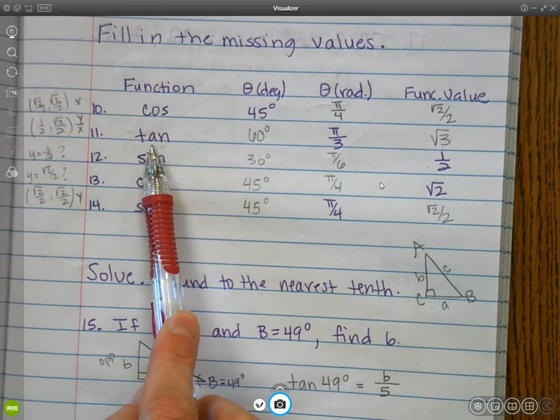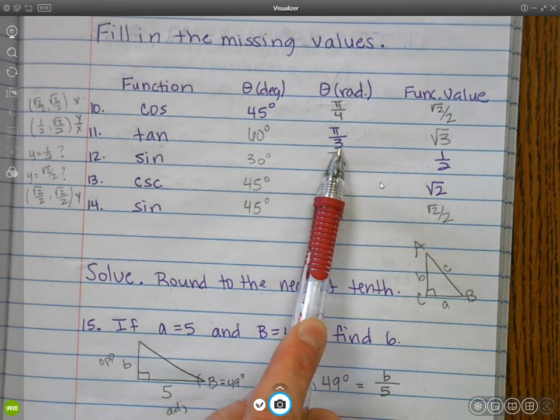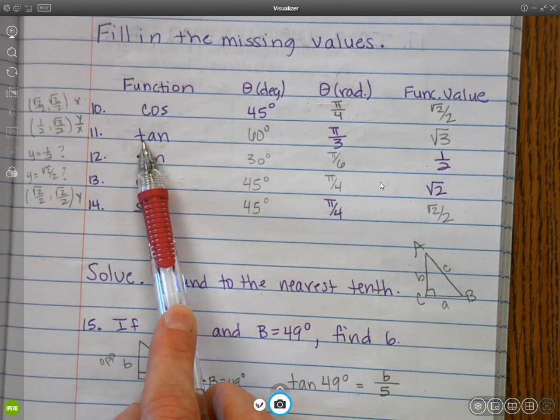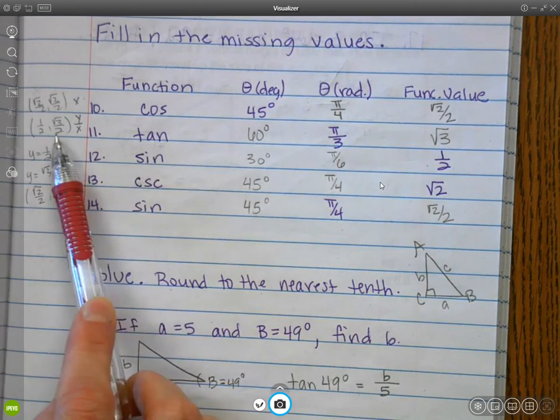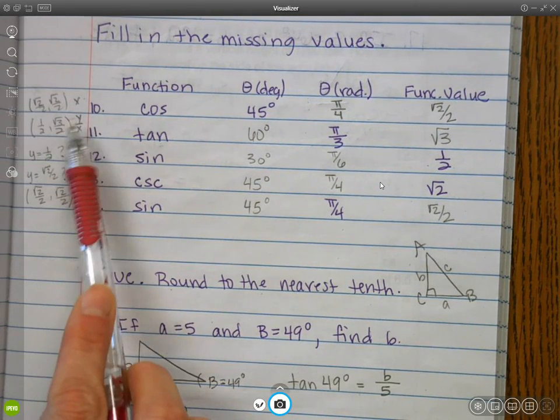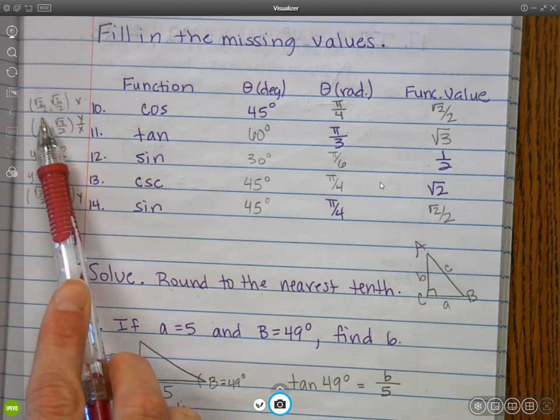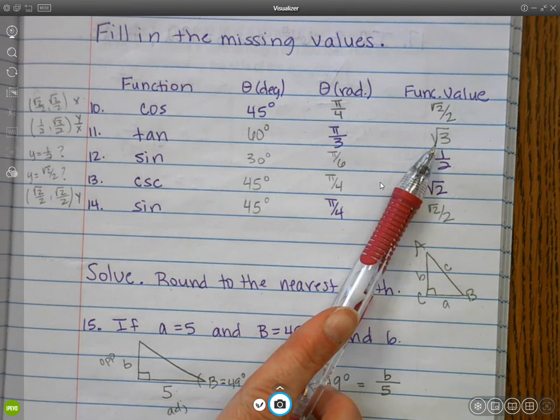Alright, so tangent, they gave you pi over 3. You know pi over 3 is the same thing as 60. So tangent is y over x. So at 60 degrees, this is the ordered pair. They want y over x. So root 3 over 2 divided by 1/2, which is just root 3.